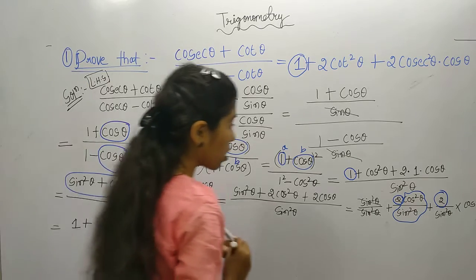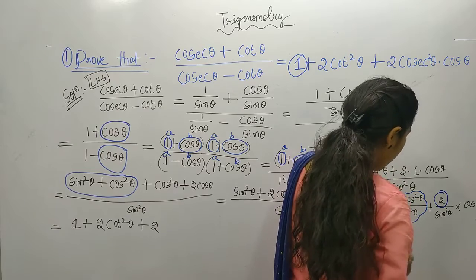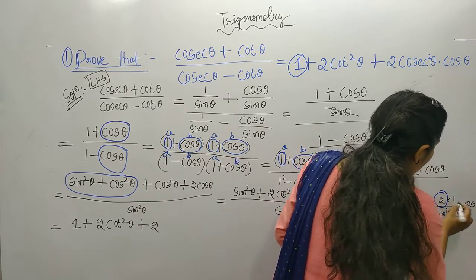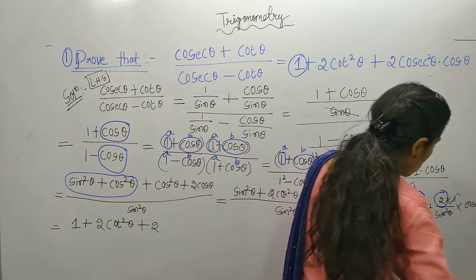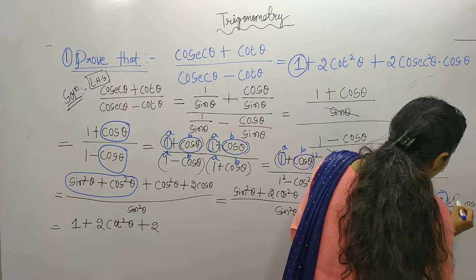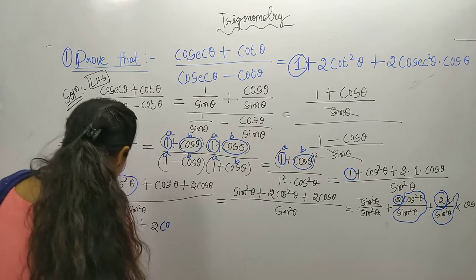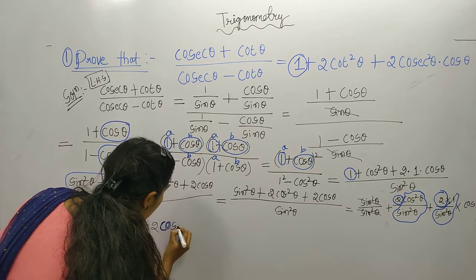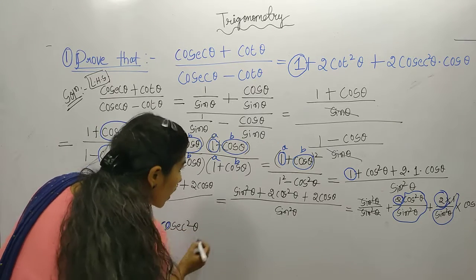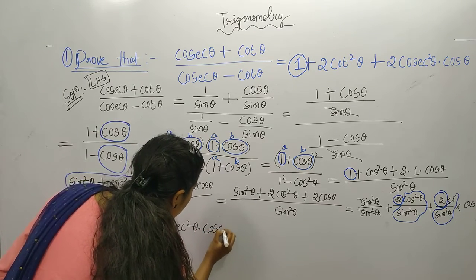Next, here you see nothing is there, so it will be 2 into 1, 2 already written. Now 1 by sin square theta, so 1 by sin square theta will be cosec square theta into cos theta is there, cos theta.